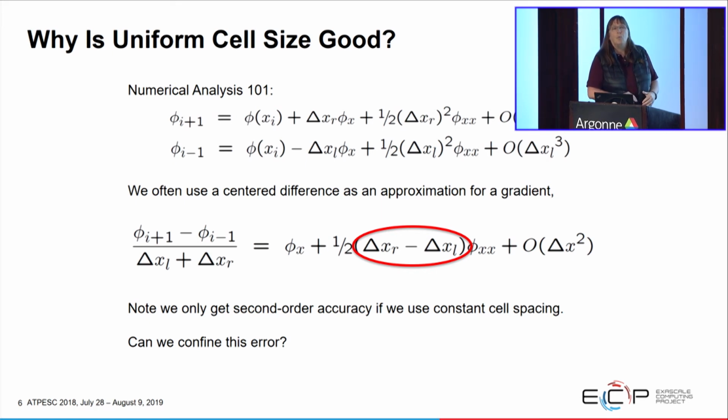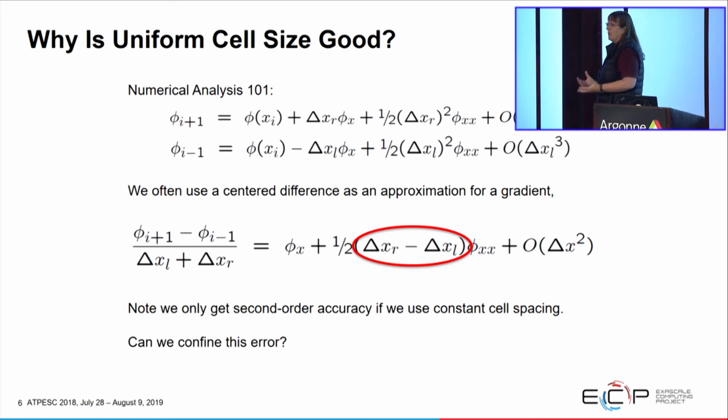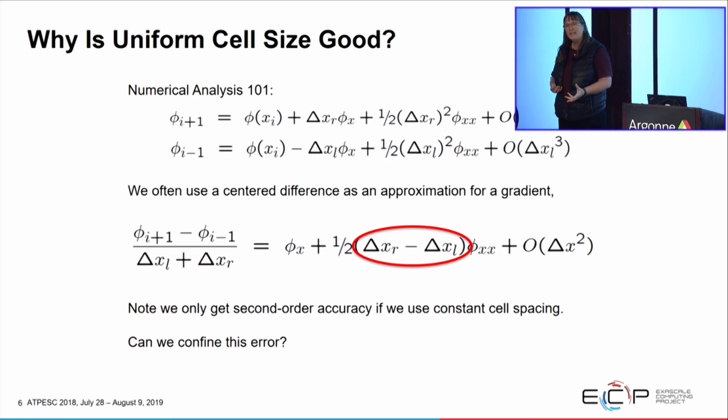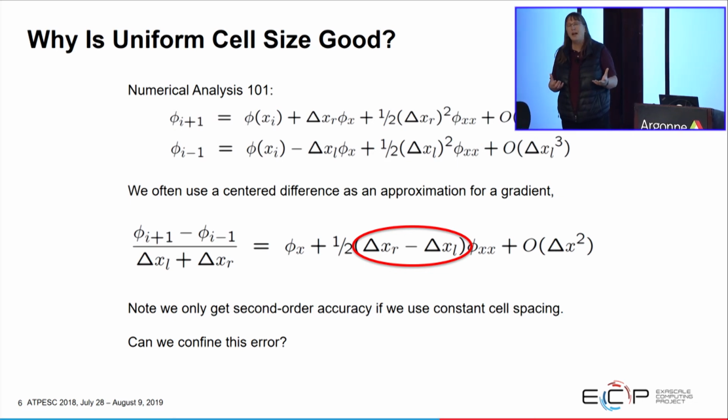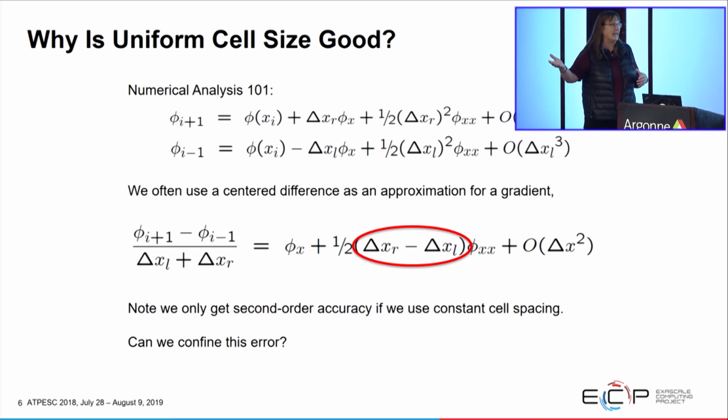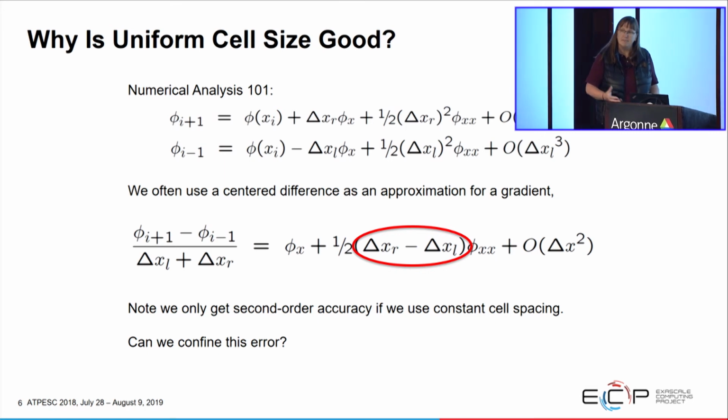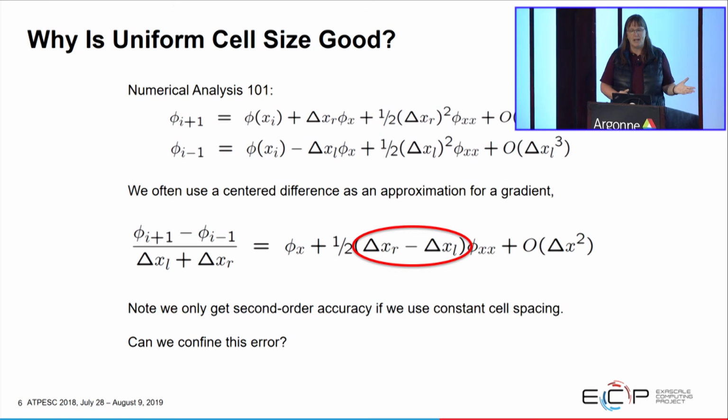Okay, why this obsession with structured mesh? What do we like? One of the things that happens, if those of you who take a numerical analysis course, you remember that Mark gave us a centered derivative in space. It's kind of a standard derivative. And if you look at numerical analysis 101, you can write out why this is an approximation to a derivative.